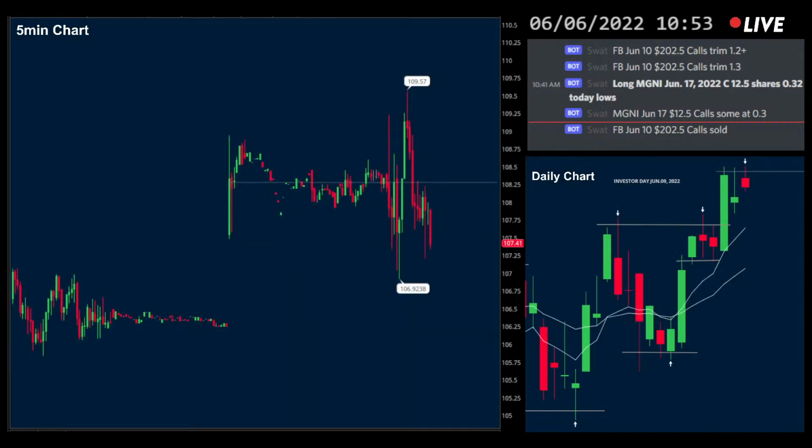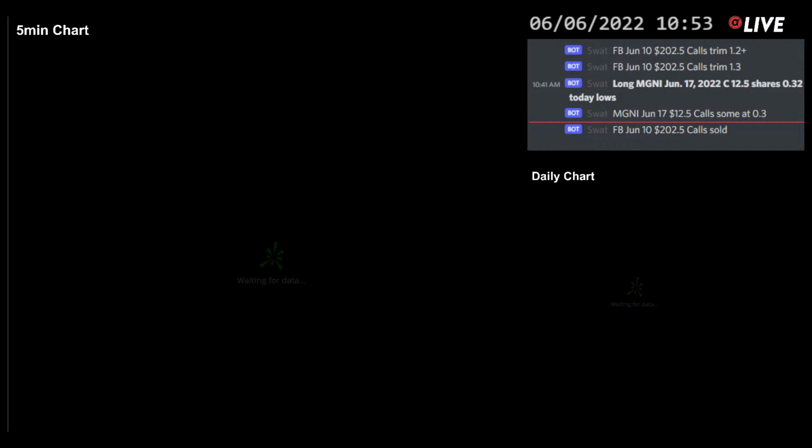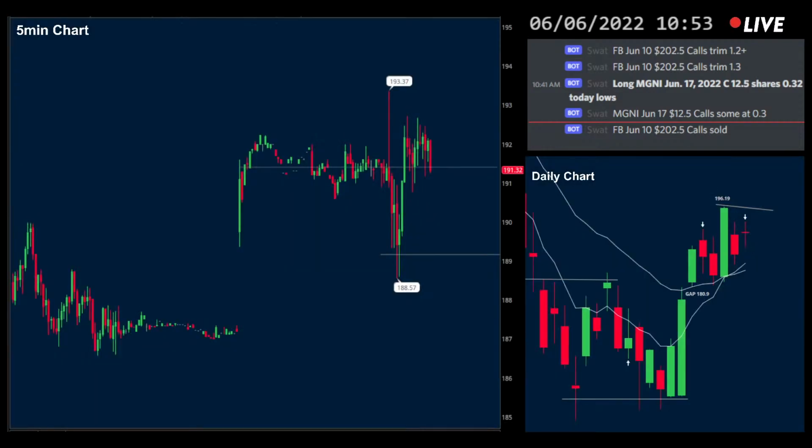AMD continues to see some relative weakness. NVDA also some fading. Not sure if it will play out, but JP Morgan now fading.